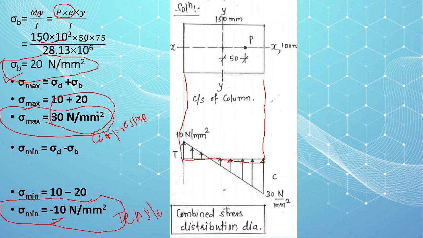Now as we know, the maximum stress is on this side, so this 30, and compressive means below this reference line. Mark 30 here, and minimum stress is on this side, and it is minus, meaning above the reference line, so mark minus 10 here, and after that join this. So this is our stress distribution diagram.